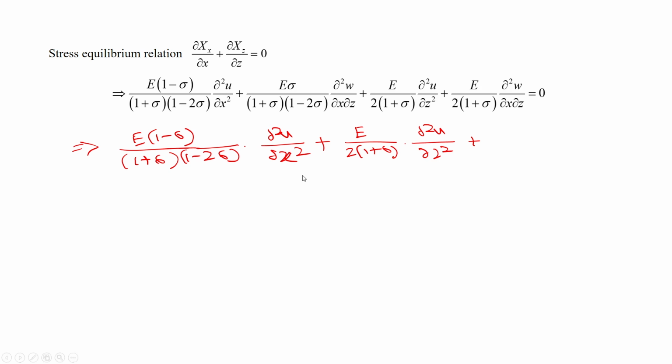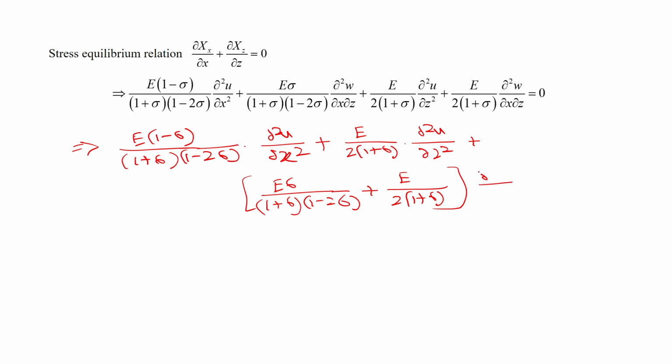So I will write it over here: E sigma by 1 plus sigma into 1 minus 2 sigma plus E by 2 into 1 plus sigma, del square w by del x del z, that is equal to 0. So, let us do the algebra, a little bit, not all that difficult. Now we put together all the terms.